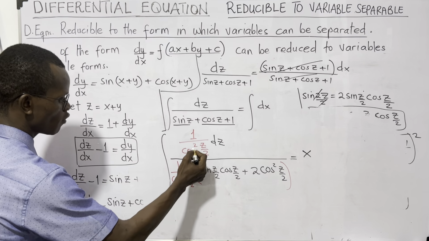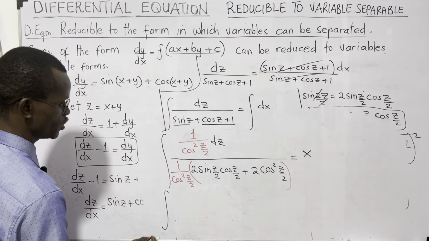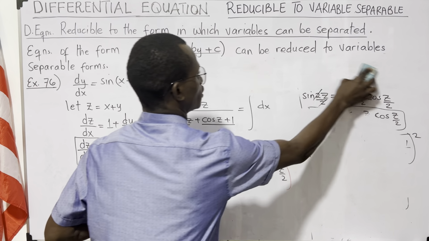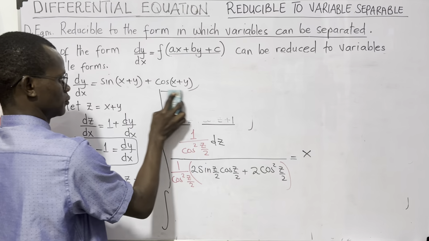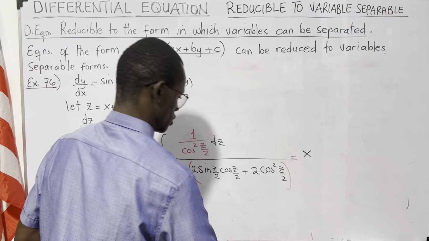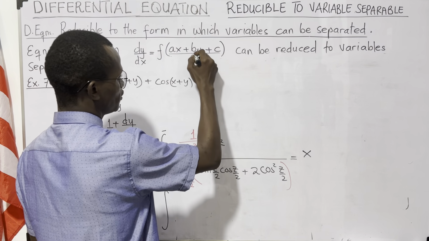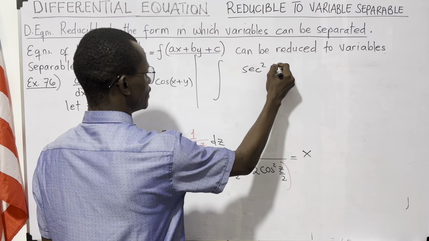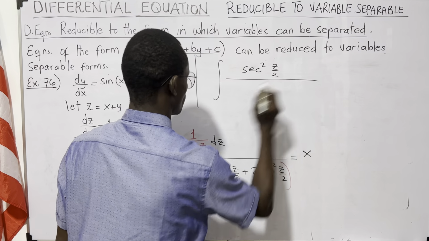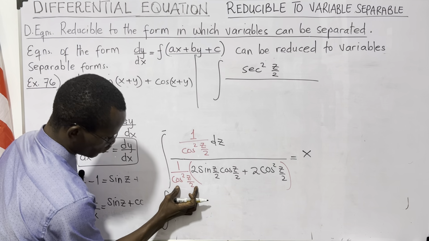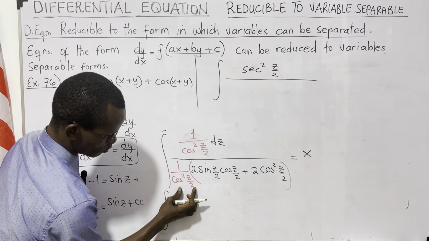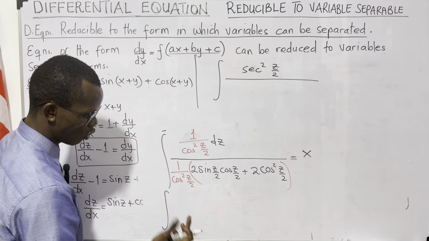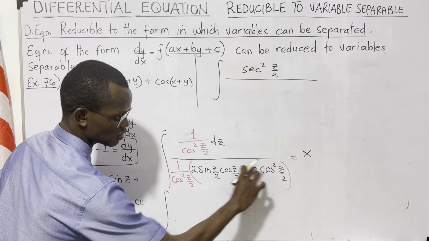So 1 over cos, we know that 1 over cos is secant. So this is the integral of secant squared z over 2 all over. Now we distribute this cos square z over 2 in this term and in this term. Or we say we multiply this by this, we multiply this by this.